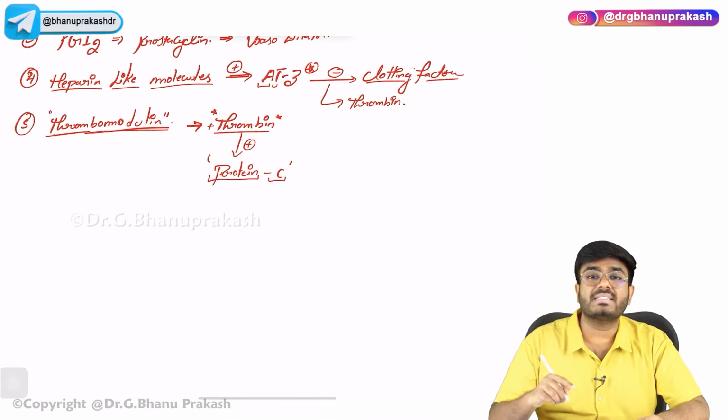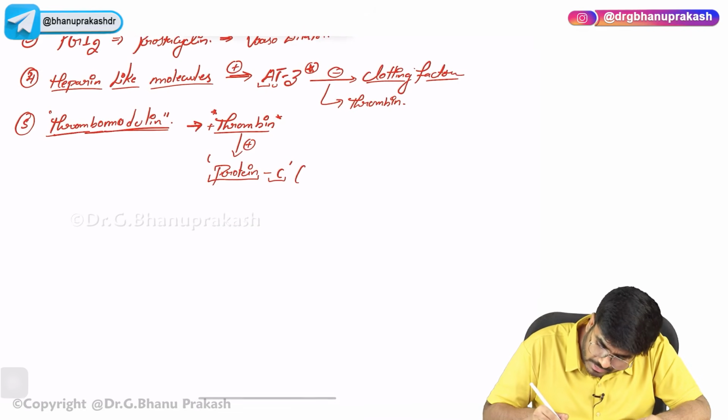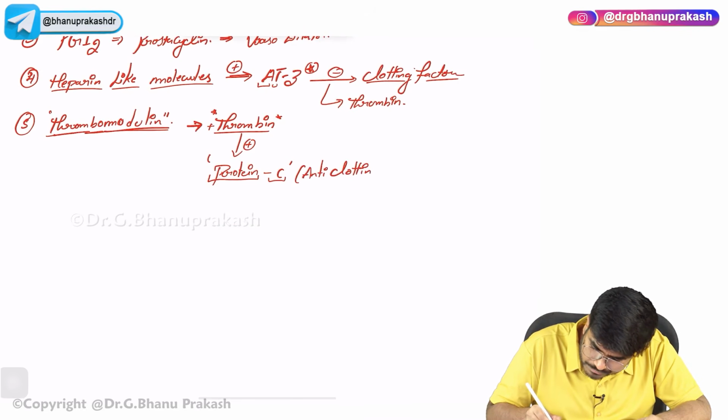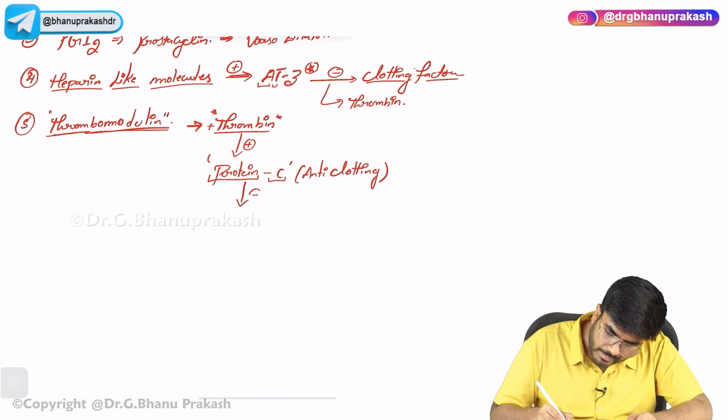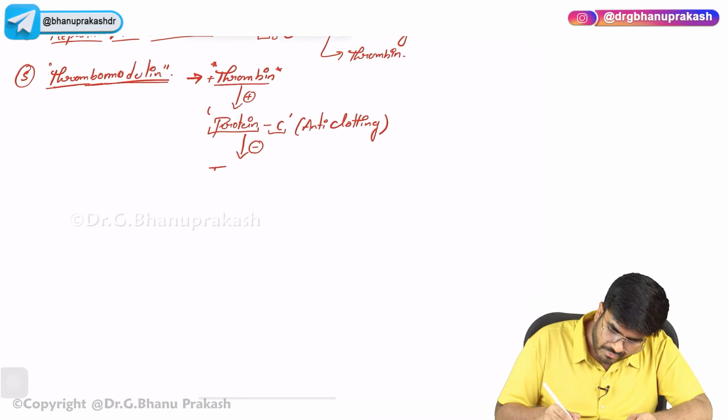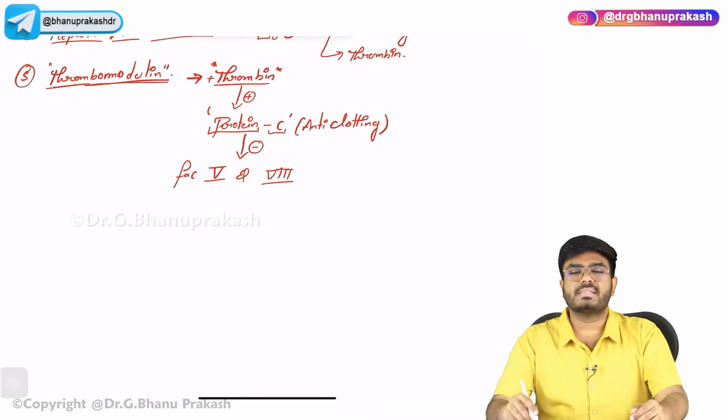I have discussed protein C and protein S. They are anti-clotting. So what is protein C going to do? Protein C inhibits, very important, factor 5 and factor 8. So factor 5 and factor 8 are inhibited with the help of protein C.